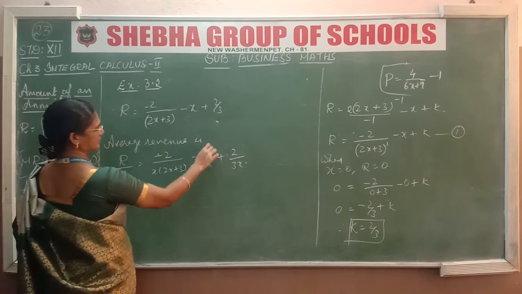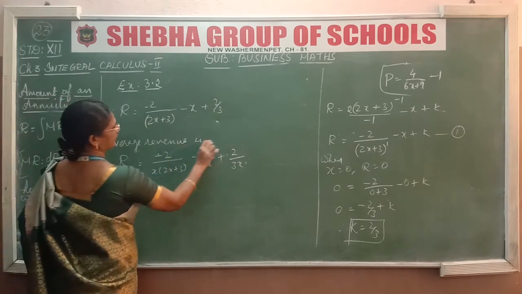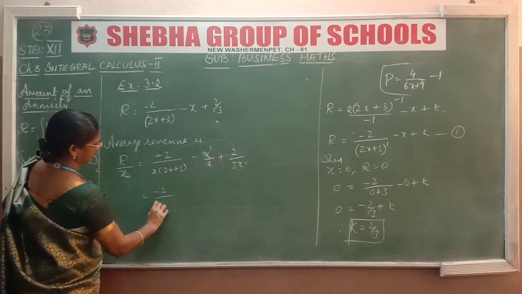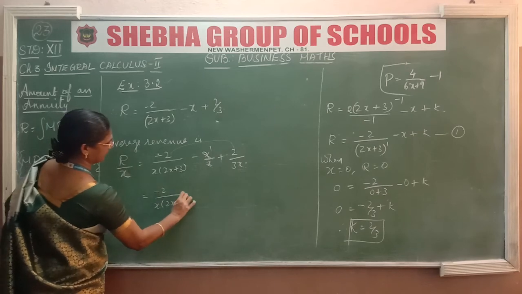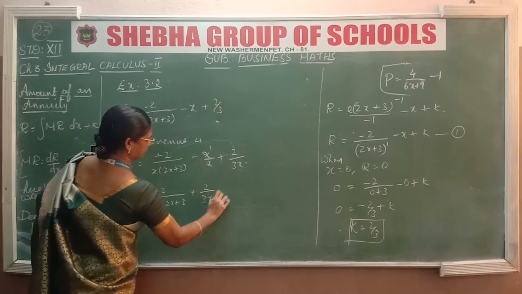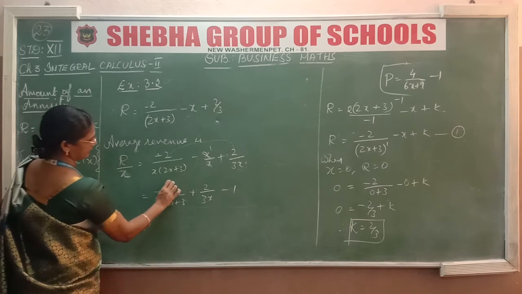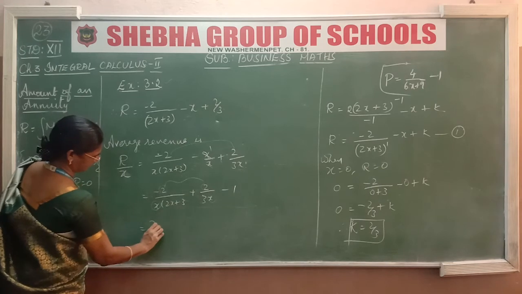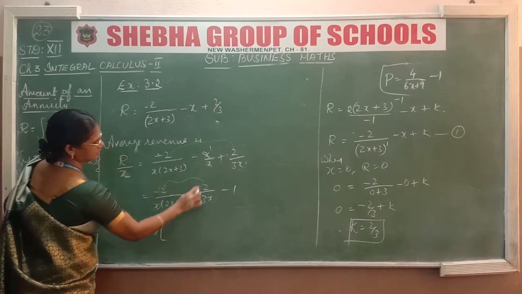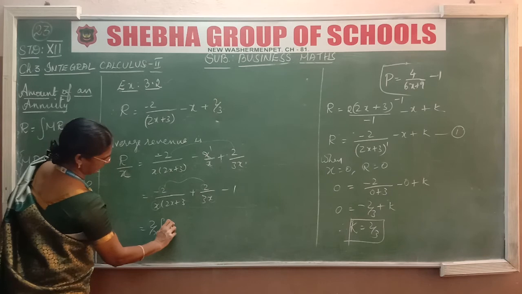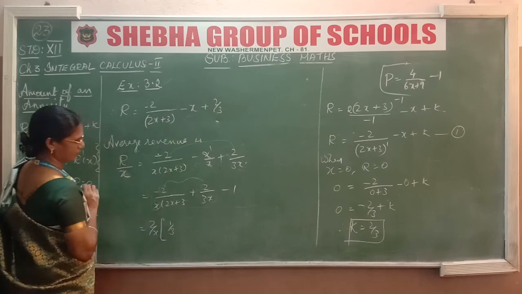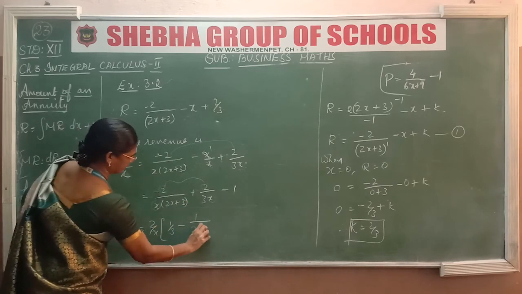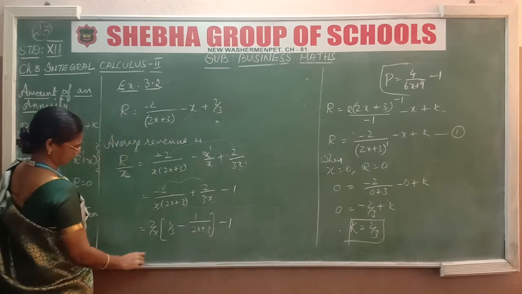Now cancelling this, we get 1 here, and combining these two terms, that is minus 2 by x into (2x plus 3) plus 2 by 3x, minus 1, and consider these two. 2 by x is common, isn't it? Taking outside 2 by x, and this is our positive term, so write first. 2 by x cancelling means the remaining one is 1 by 3 minus 1 by (2x plus 3), minus 1.